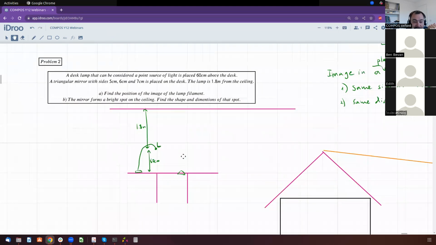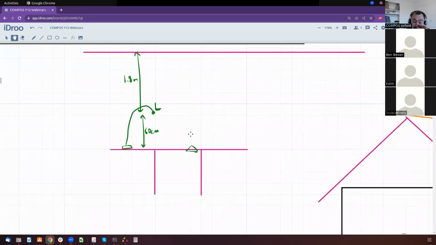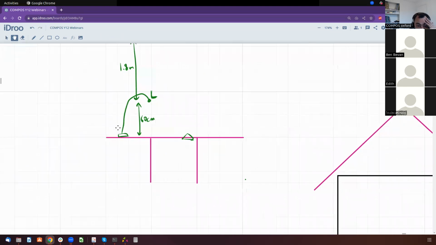Okay, so here we have a lamp. Now, the image of a lamp is exactly the same size and exactly the same distance from the mirror. But the problem is, the image is not here, because the size of the mirror doesn't matter. It's the plane of the mirror that matters.